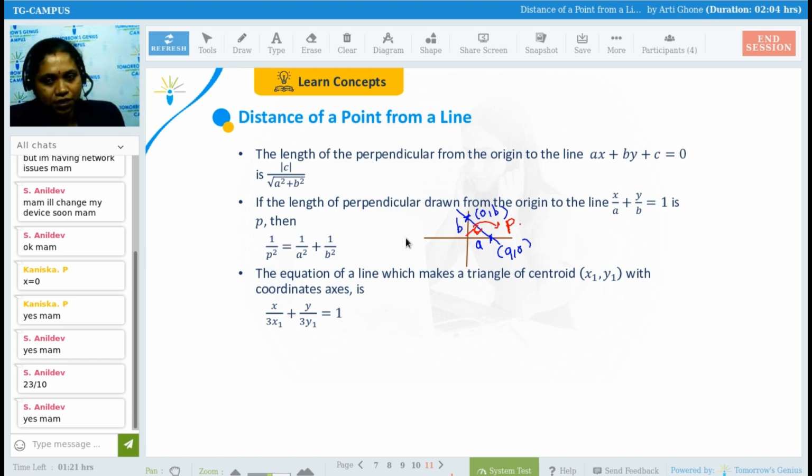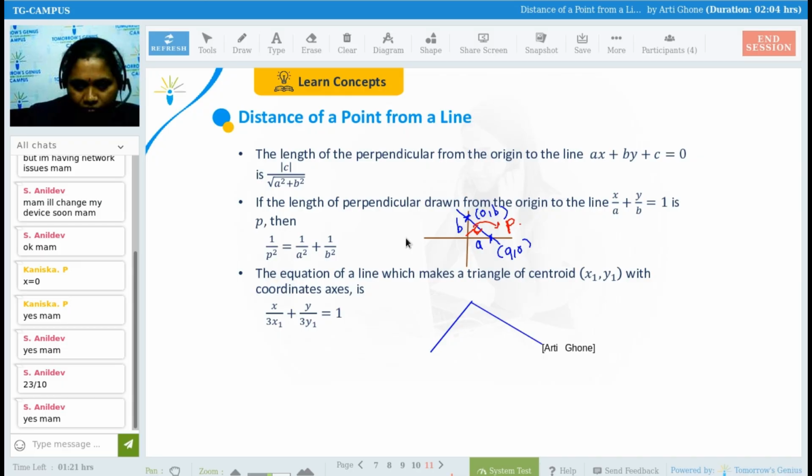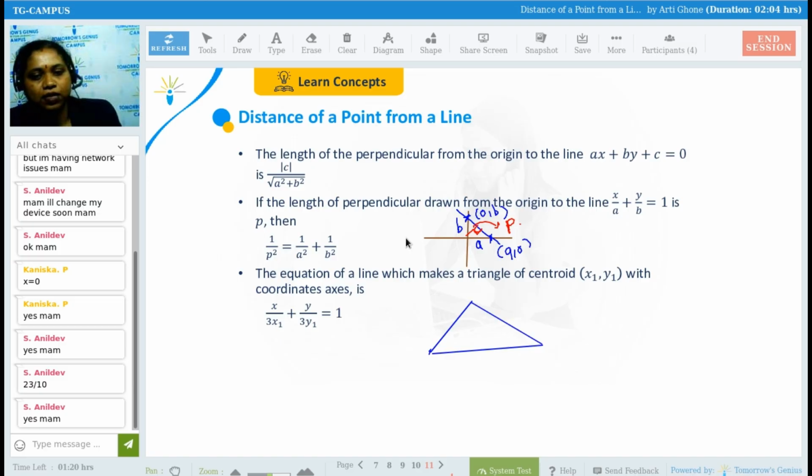And the equation of the line which makes a triangle of centroid (x1, y1) with the coordinate axes is x upon 3x1 plus y upon 3y1 is equal to 1. Now I can make you understand the geometry of the centroid. What is the centroid? In the last lecture I have explained.